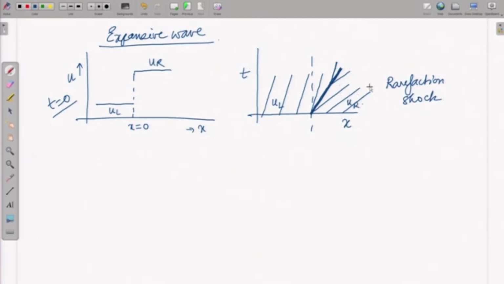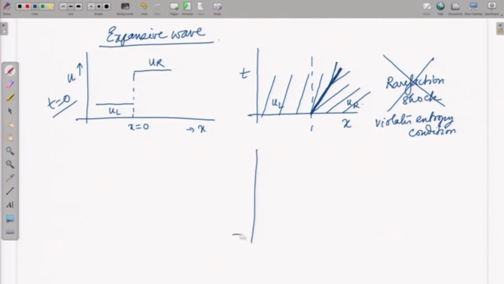But as we said earlier, the shock absorbs all the characteristics, and that has to be kept in mind. Here we are seeing emergence of characteristics from the shock, which again violates the entropy condition. Therefore, this is not a possibility which nature accommodates.